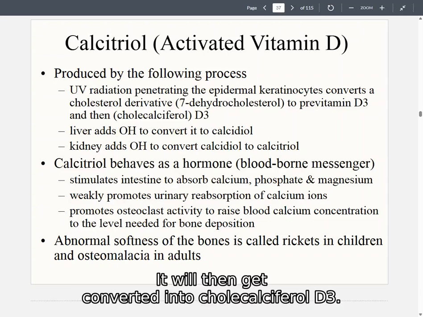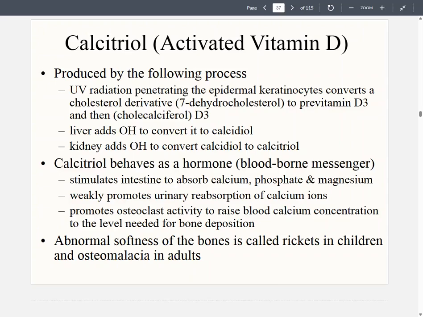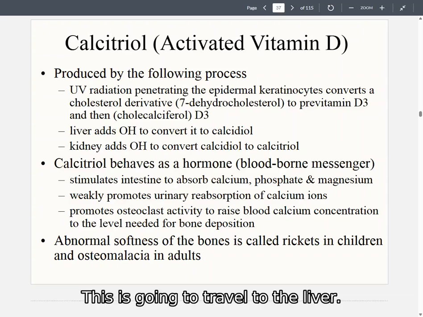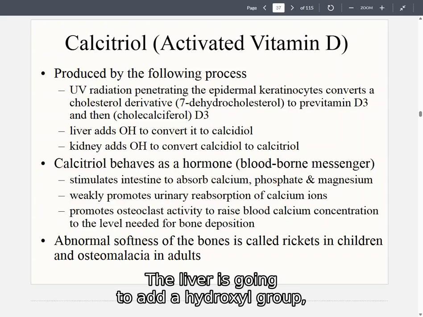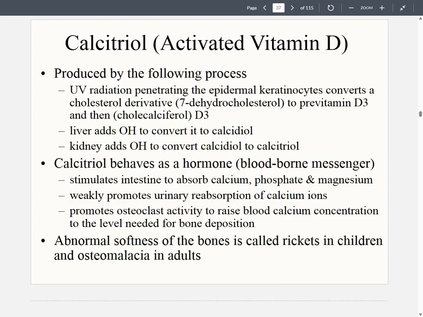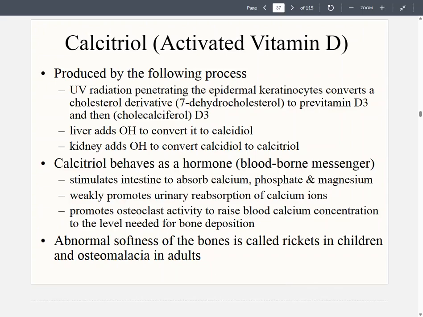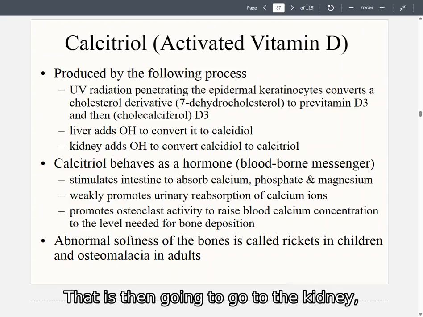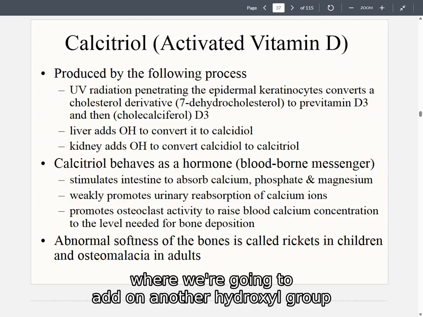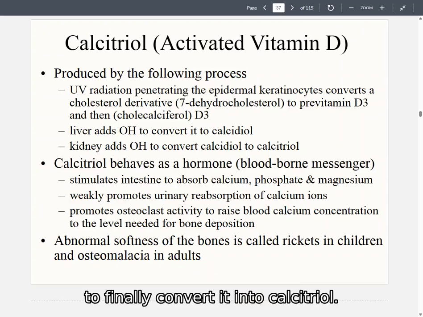It will then get converted into cholecalciferol, D3. This is going to travel to the liver. The liver is going to add a hydroxyl group, and that's going to convert our cholecalciferol to calcidiol. That is then going to go to the kidney, where we're going to add on another hydroxyl group to finally convert it into calcitriol.